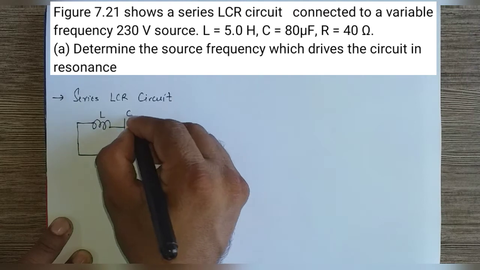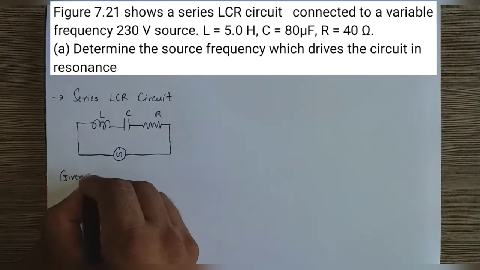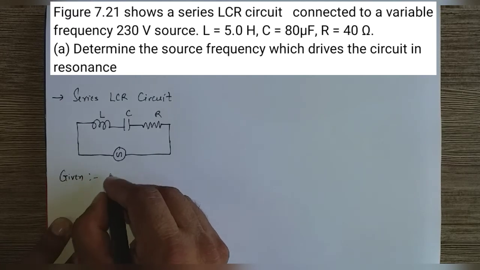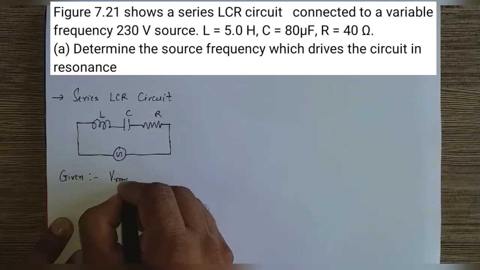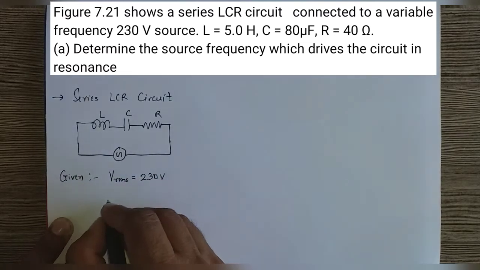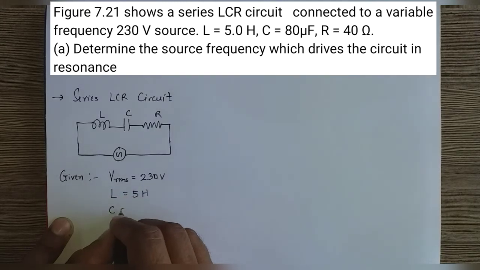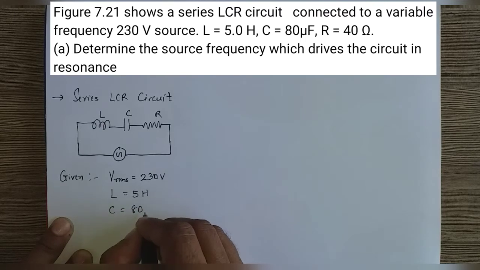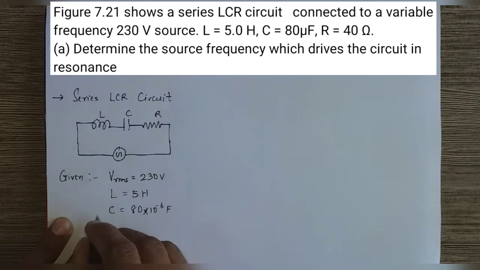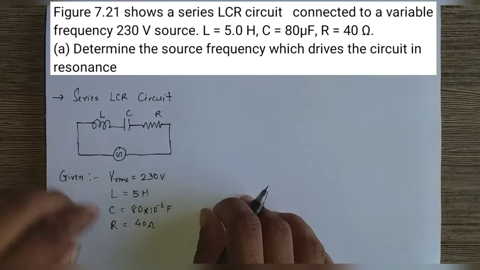This is L, C and R. The given values are: VRMS of the source supply is 230 volt, inductor L is equal to 5 Henry, capacitor C is equal to 80 microfarad, micro means 10 raised to minus 6 farad, and resistor R is equal to 40 ohm.